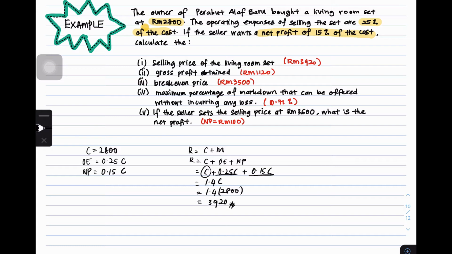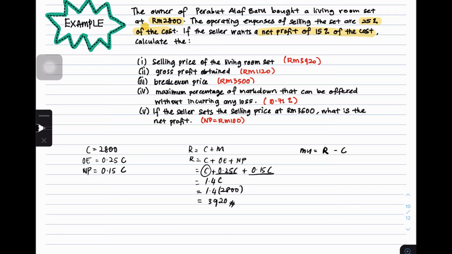Alright, soalan nombor 2, gross profit obtained. So gross profit, you need to understand the gross profit is the markup price. So macam mana awak nak dapat markup price? Markup price is simply by retail price, harga jualan tolak dengan cost. So harga jualan kita adalah 3,920 tolak dengan cost 2,800.